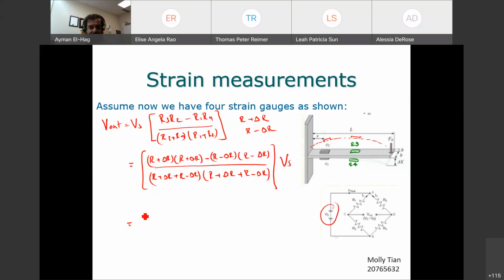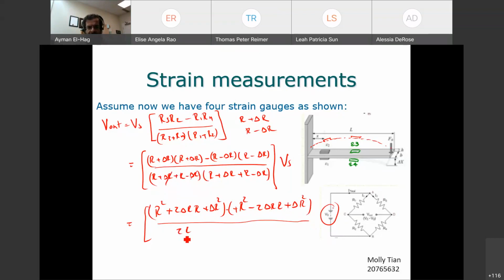So this becomes R square plus 2 delta R times R plus delta R square, minus R square minus 2 delta R times R plus delta R square, divided by, the delta Rs cancel in the denominator, so we have 2R times 2R.